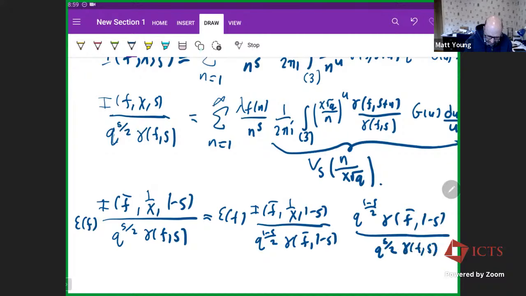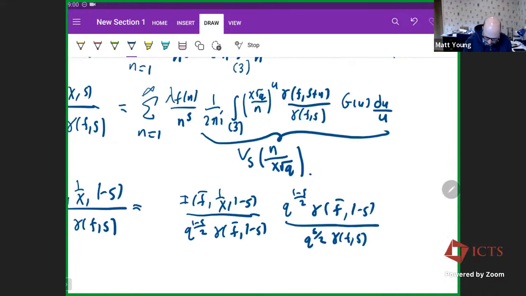Maybe I'll move the epsilon of f over to the second piece. So this second piece, this correction factor, is our epsilon of f of s. If you check the definition of that epsilon factor, that's exactly what it is.